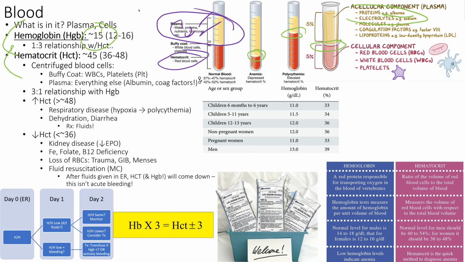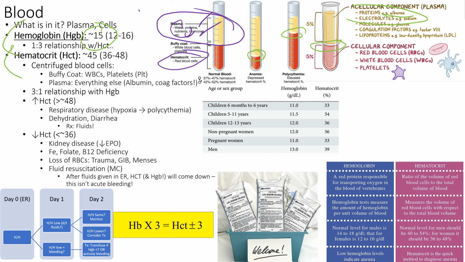Okay, so it is a 1 to 3 relationship between hemoglobin and hematocrit. So if my hemoglobin's 7, what's my hematocrit? 21, right? Hematocrit's the percentage of RBCs to plasma. So if I have 7 hemoglobin, my hematocrit is 21, right?